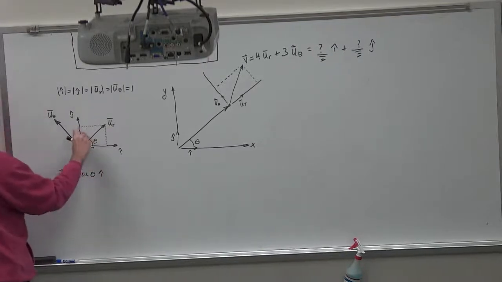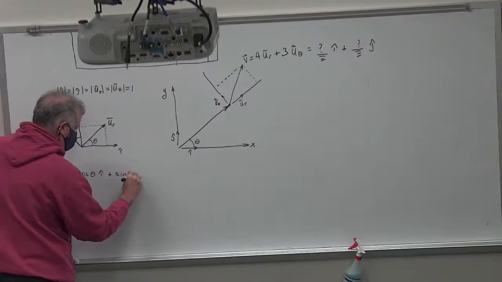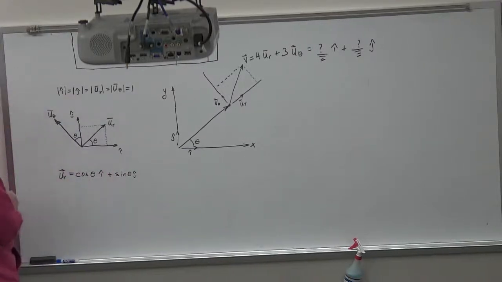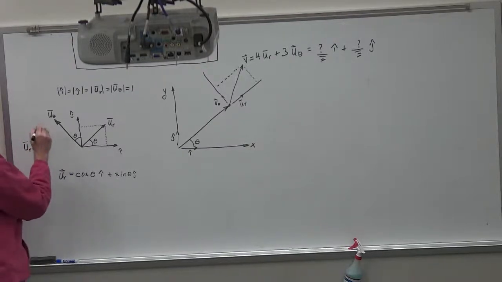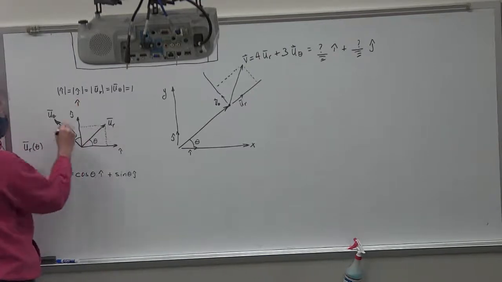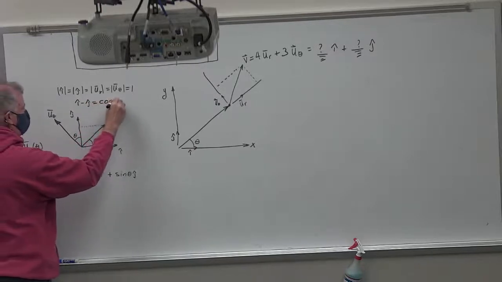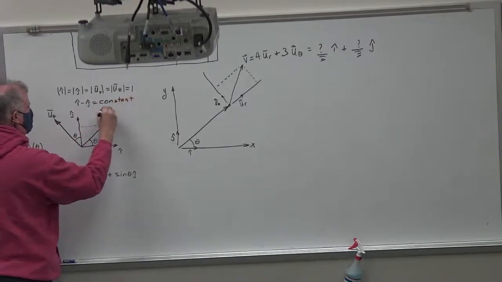And then this distance, which is sine theta j. So that'll give you the ability to take u_r, which is a function of theta, and express it in something that is a function of i and j, which are constants, always.